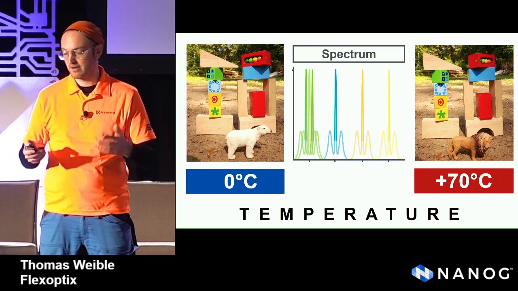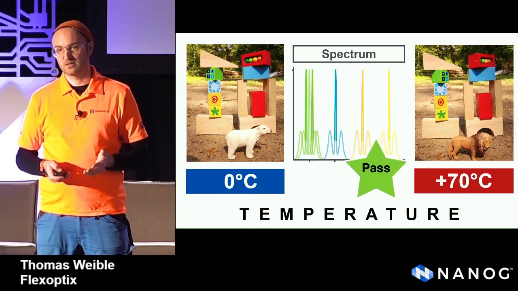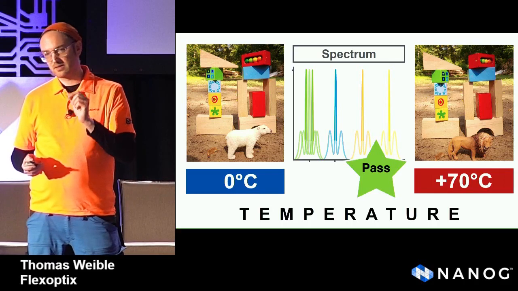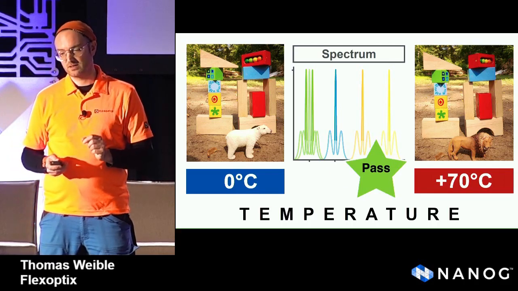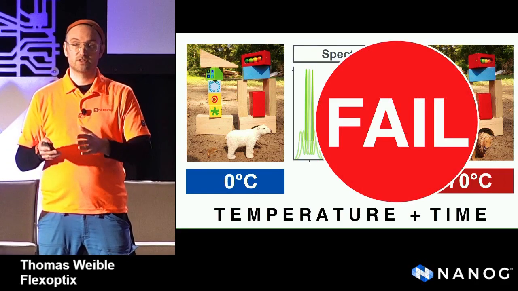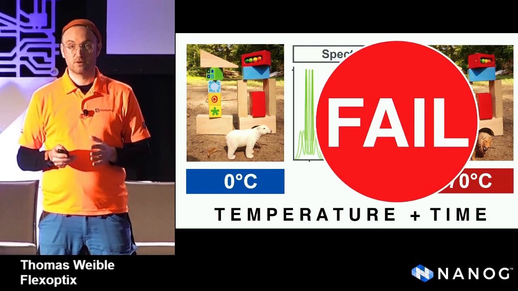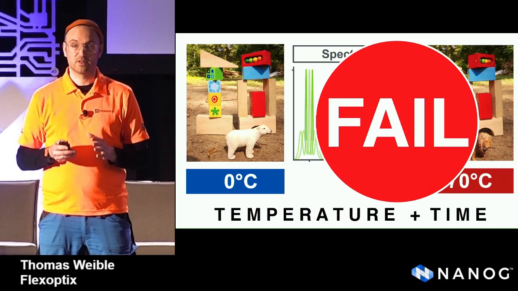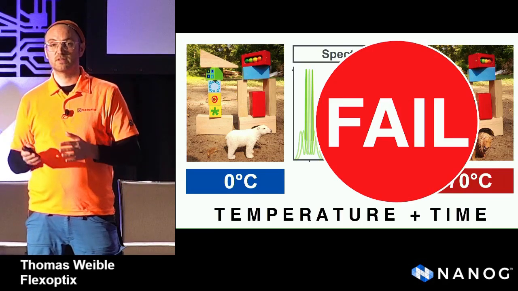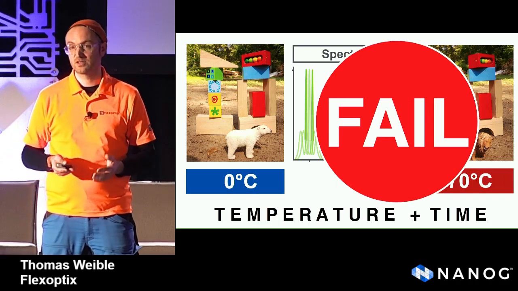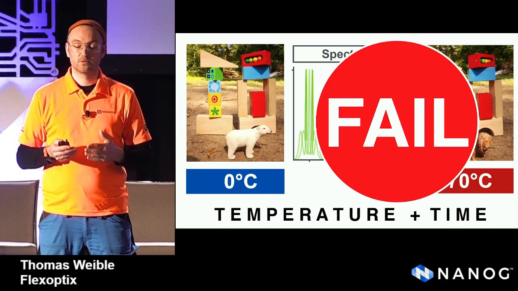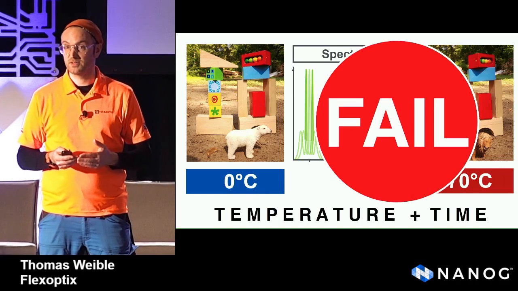We could say, well, okay, it passed the test. But if we take a second constraint into that test, which is the time, and we say, for example, okay, we start at 0 degrees centigrade, keep the laser there for not longer than 10 seconds, and within 10 seconds it needs to be stabilized, and then boost up the temperature to 70 degrees within 60 seconds, and again give the transmitter, for example, 10 seconds to stabilize the laser.